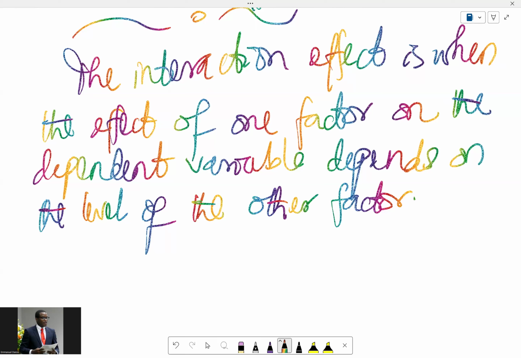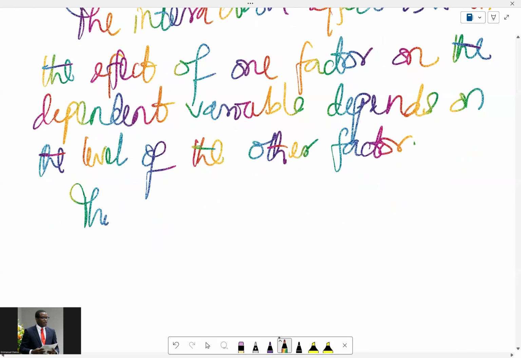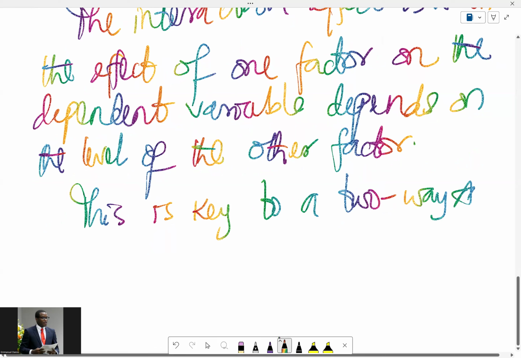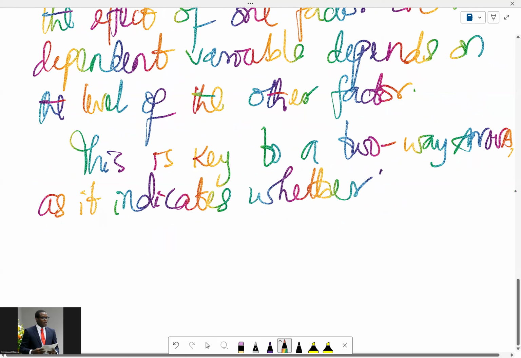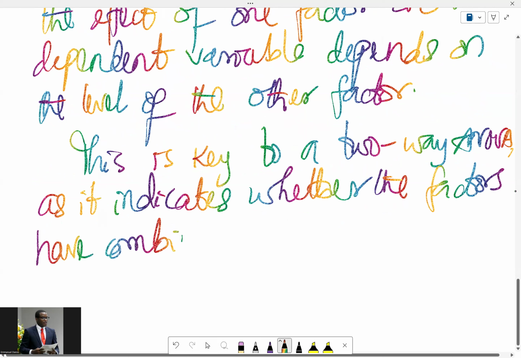This is key to a two-way ANOVA, as it indicates whether the factors have combined effects.